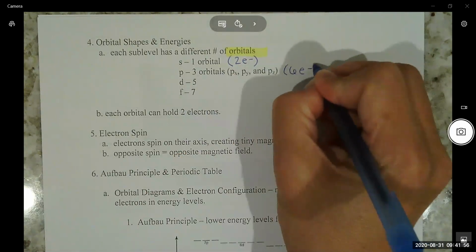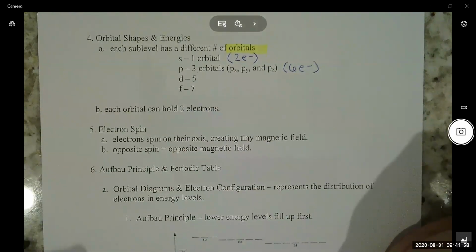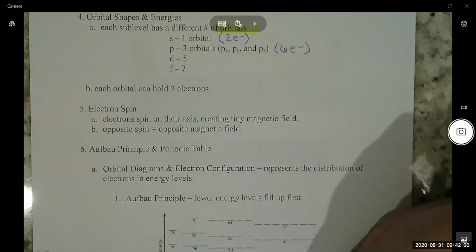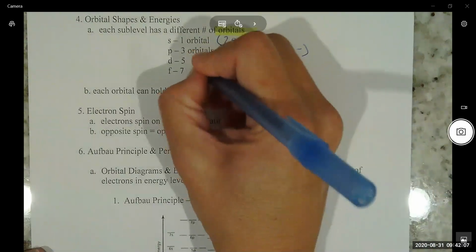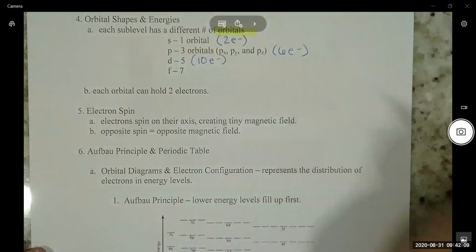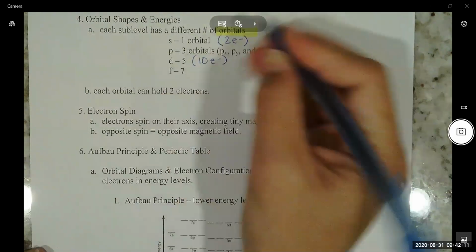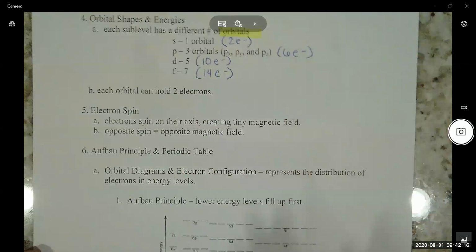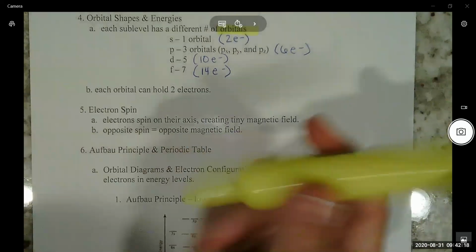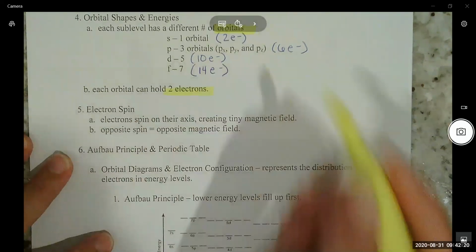That means P can hold 6 electrons. Our D sublevels have 5 orbitals, 2 electrons each. That's 10 total electrons. And then with 2 electrons for each orbital in our F sublevel, that is 14 electrons. So each of our orbitals can hold 2 electrons.